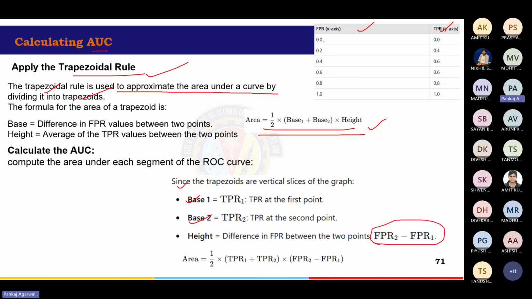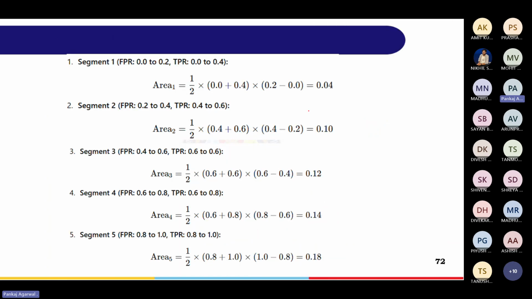Suppose I've taken the first two instances. I have to take pairs of instances one by one. FPR goes from 0.0 to 0.2 and TPR from 0.0 to 0.4.